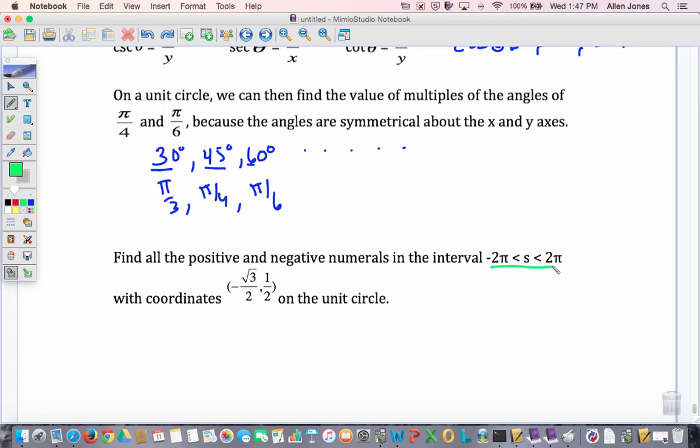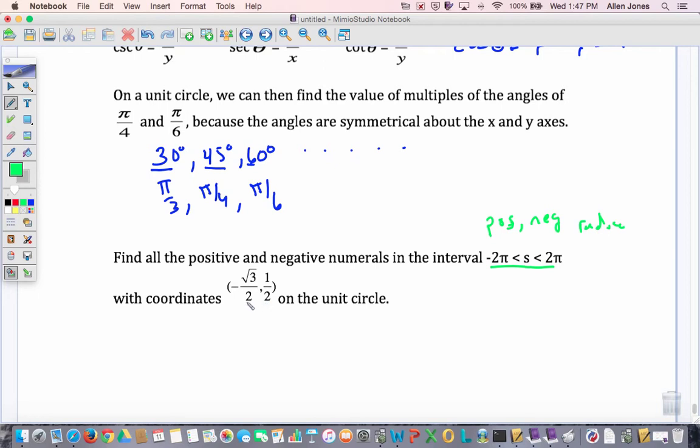So I'm going to slide down here. It says find all the positive and negative numerals in the interval from negative 2 pi to positive 2 pi. So that means basically a positive and a negative angle measured in radians because of the 2 pi and negative 2 pi with our coordinates negative square root of 3 over 2 and 1/2. So I'm going to pull our unit circle back up here.